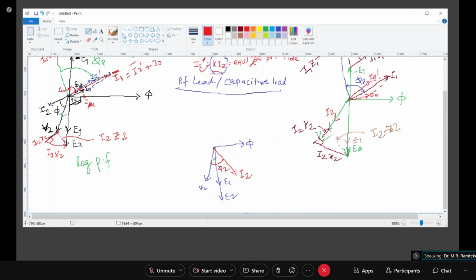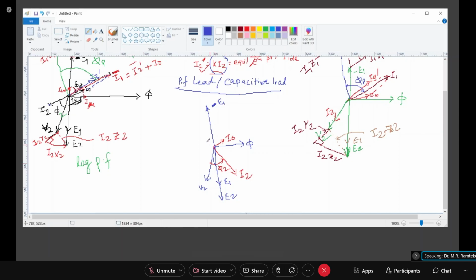Is that clear? Now you have phi 2 between V2 and I2. Now again I0 is there. Actually I should have drawn this completely. It became a bit slanted, doesn't matter. So this is minus E1. Now I0 is there. Clear? Now what will happen?